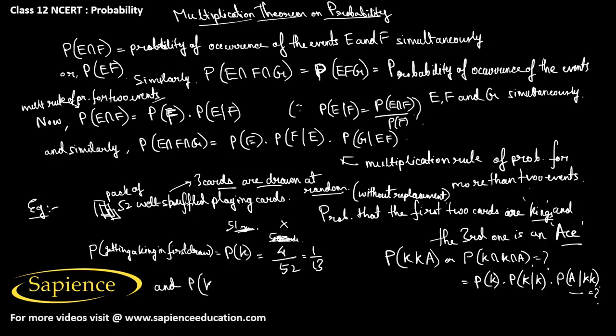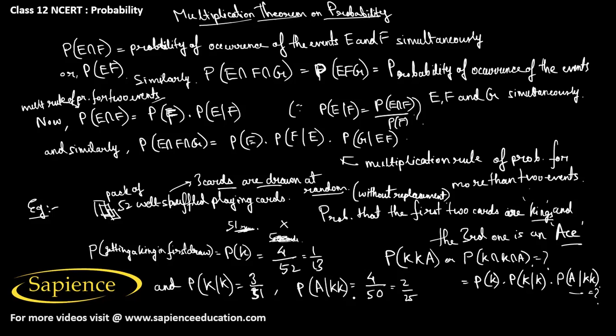In the second draw, given a king has been drawn, we have three kings remaining out of 51 cards. Then for an ace given that two kings have been drawn, we have 4 aces out of 50 cards remaining, so that will be 2 by 25.